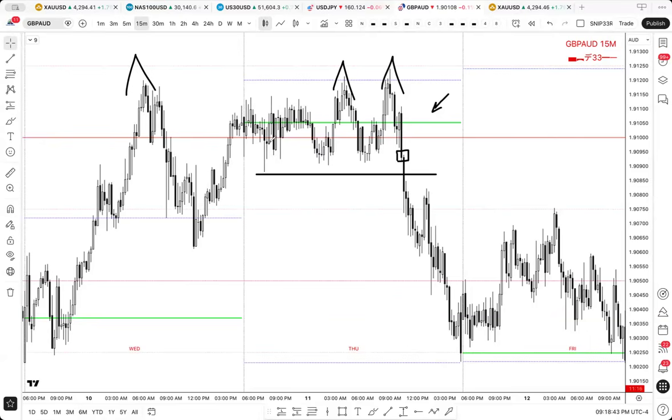Now, this is just how I perceive it. I'm using the markets and I'm bettering myself 1%, 2%, 5% every single day, because the markets can be very humbling.